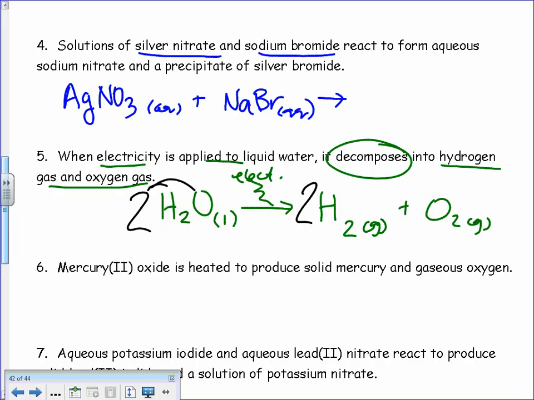React to form aqueous sodium nitrate. NaNO3. Nitrate is nitrate, right? You told me what nitrate was right here. It's the same guy. It's just rearranged. So its partners are changing. NaNO3 here as well. And there's AQ out here.